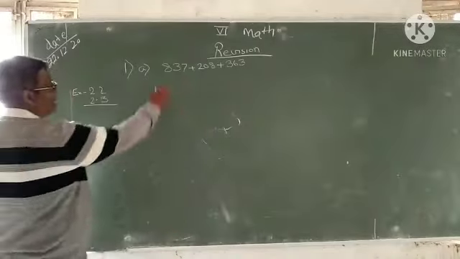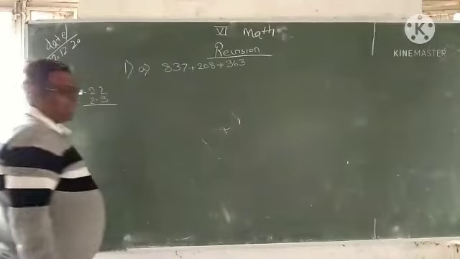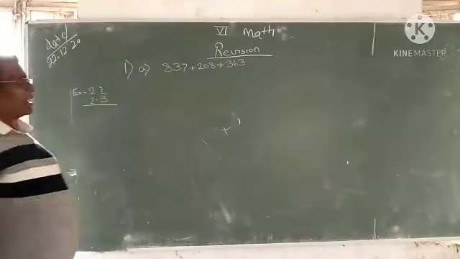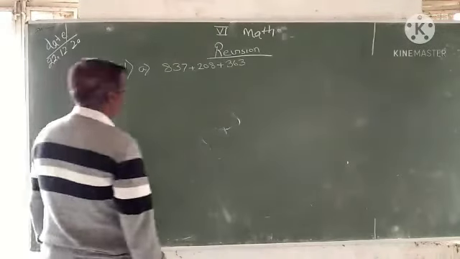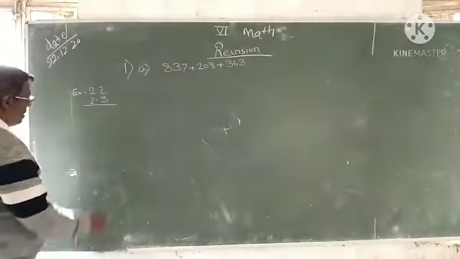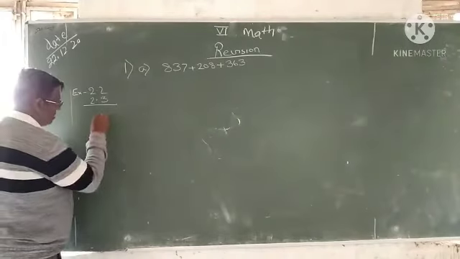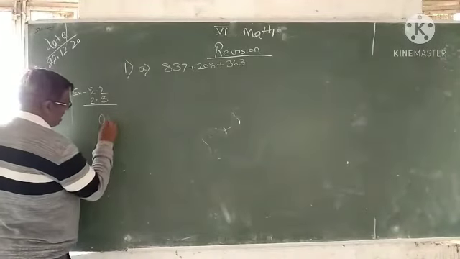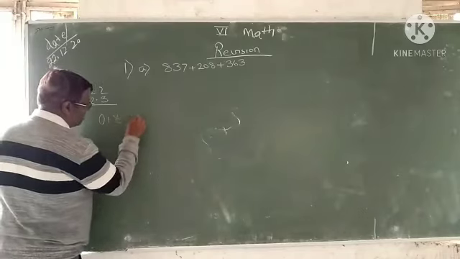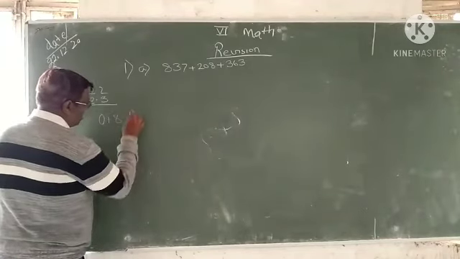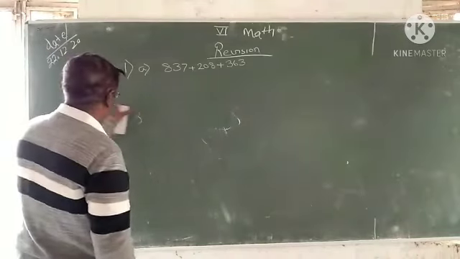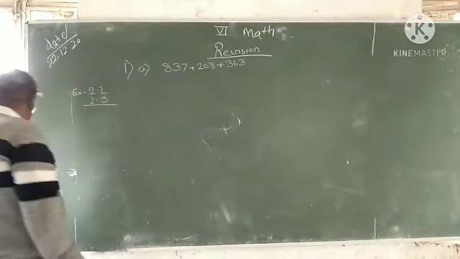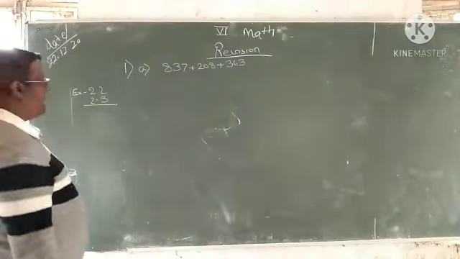We need to arrange these figures in such a way that it becomes easier for us to find the answer. Now we all know that when we add 0 with any number, suppose I add it with 8, it always becomes 8. So it makes our life easier, and we need to do it in that way so that it becomes easier for us to calculate.